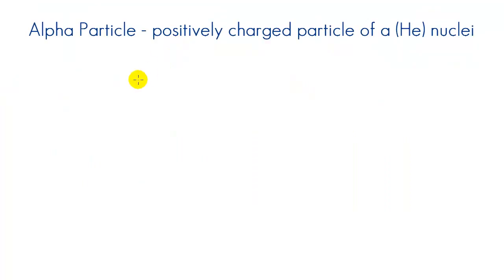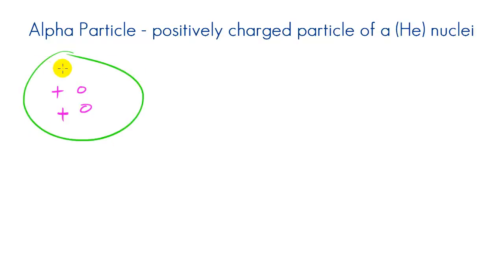So now let me talk to you guys about alpha particles or alpha emissions. If we look at the definition, it says a positively charged particle of a helium nucleus. Now we know that helium always has two protons in its nucleus, and also two neutrons. However, since this is positively charged, if we would draw this, we would see that it would have 0 electrons.